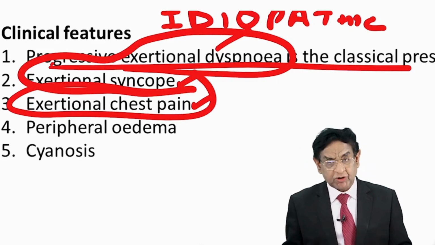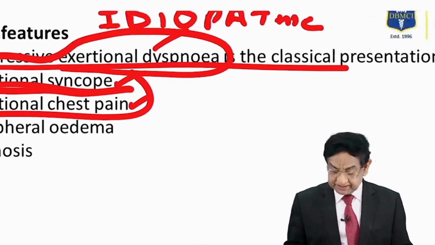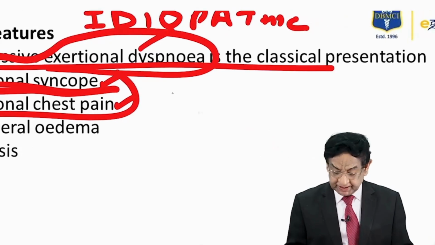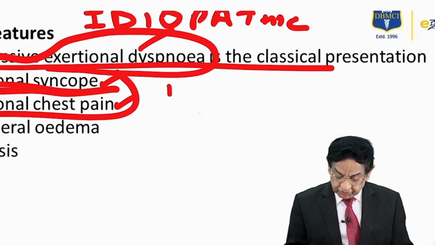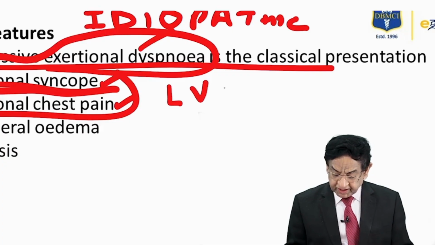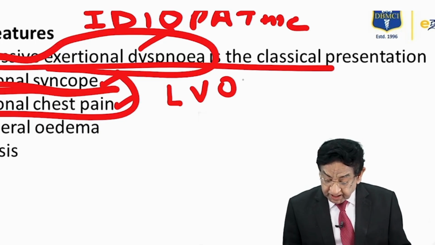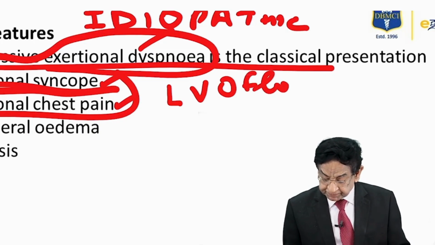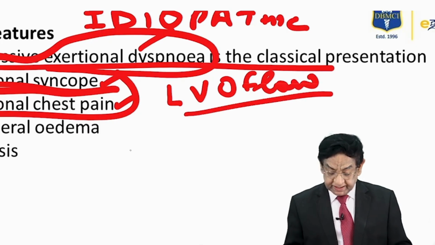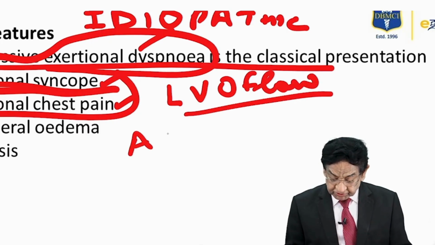And if you recall your basic concept, these things are seen also in any condition which leads to left ventricular outflow obstruction, like aortic stenosis and like HOCM.